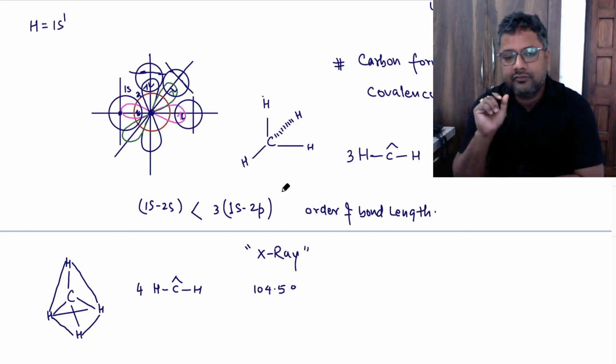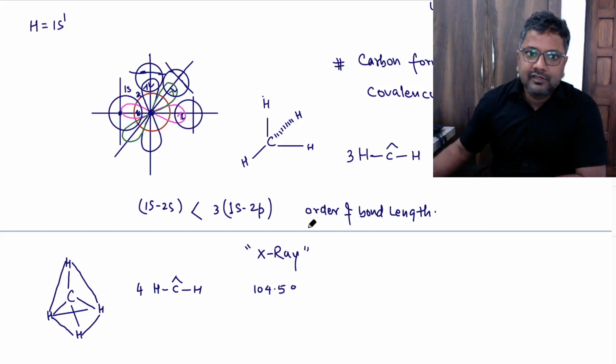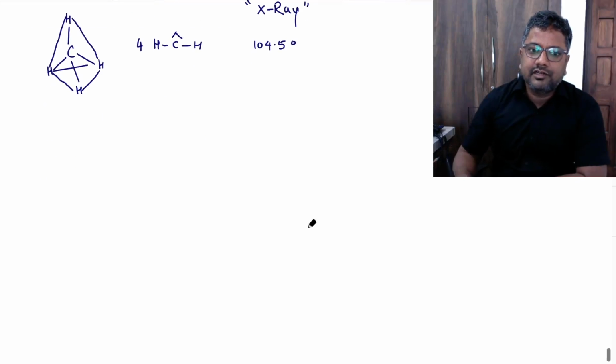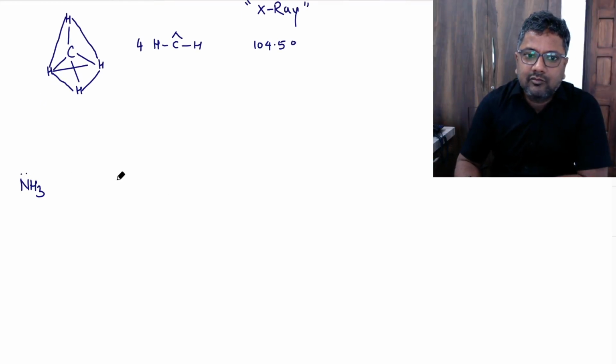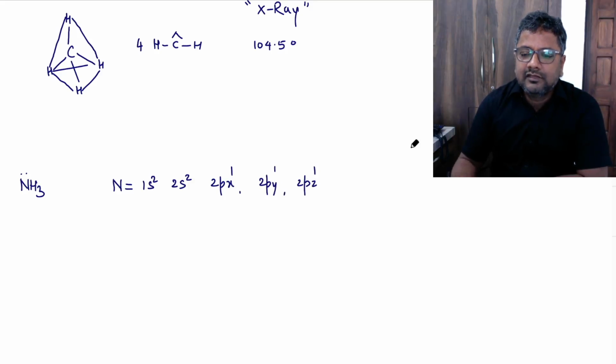Not explained by VBT. Similarly, if you consider water molecule or ammonia molecule, first if you take ammonia molecule and consider nitrogen 1s2, 2s2, 2px1, 2py1, 2pz1.